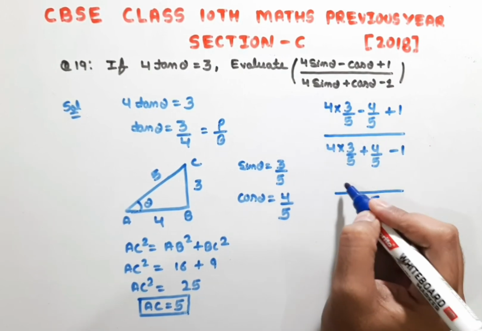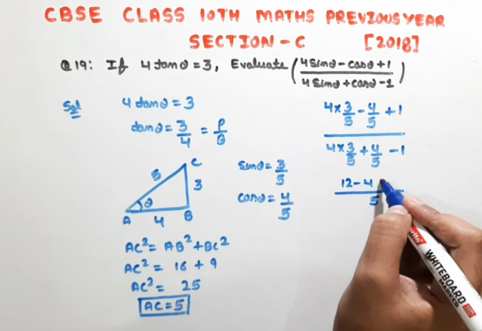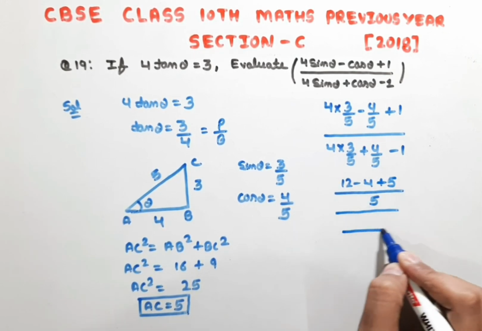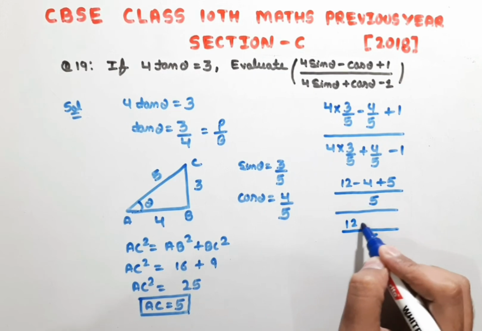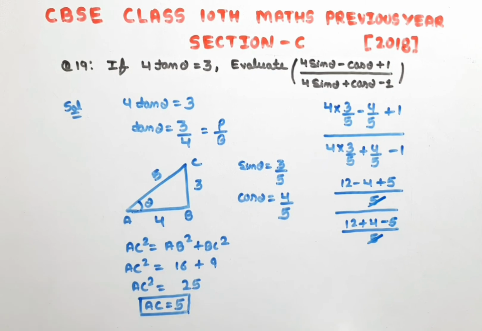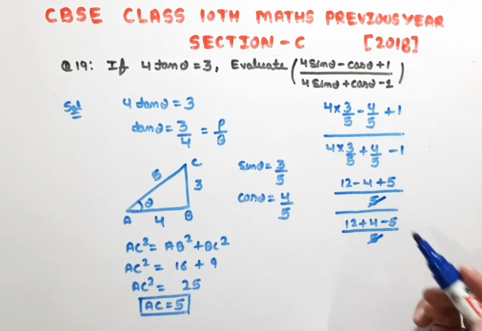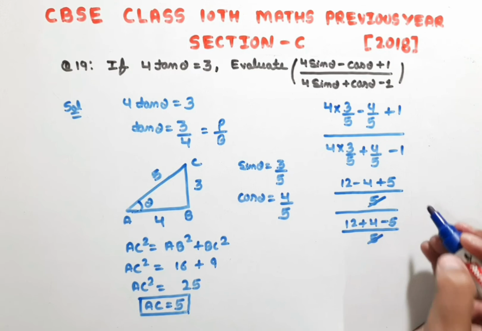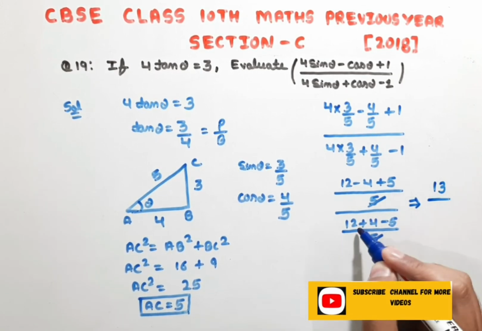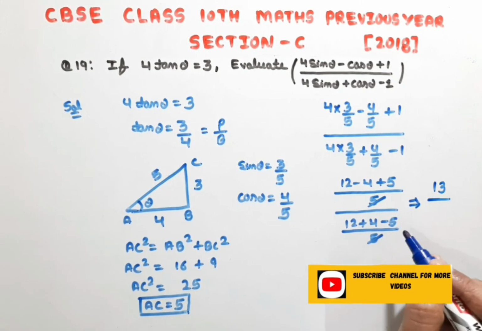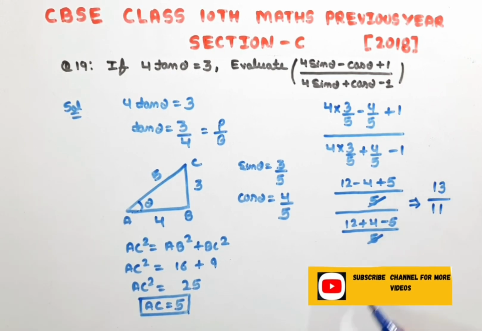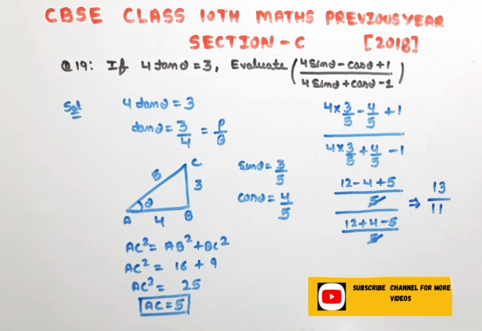So 4 times 3 is 12, minus 4 plus 5. Here 5 is LCM. So 12 plus 4 minus 5. Here 5 will be cancelled out. 12 plus 5 will be 17, and 17 minus 4 will be equal to 13. 12 plus 4 will be 16, and 16 minus 5 will be 11. So our answer is 13 upon 11.